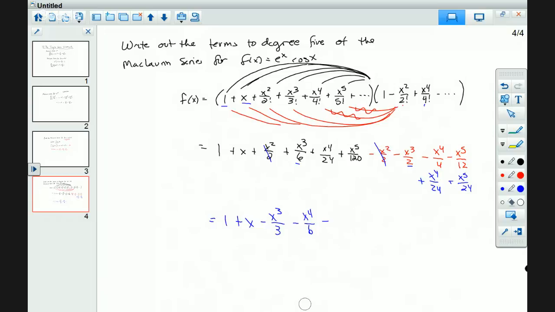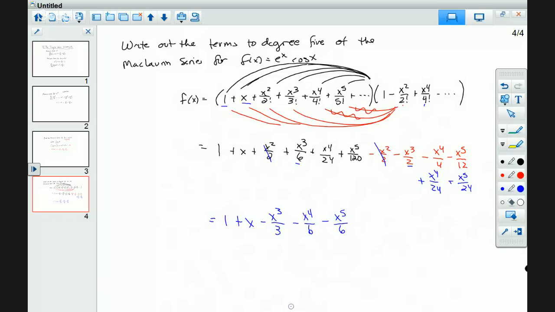This one is -1/24. Is that right? Sounds about right. We got our fraction math here, huh?